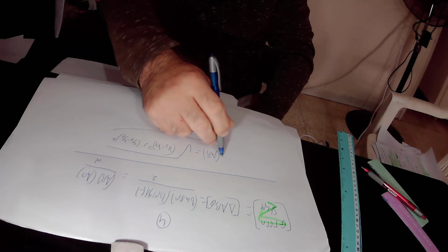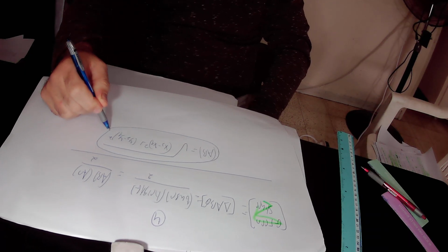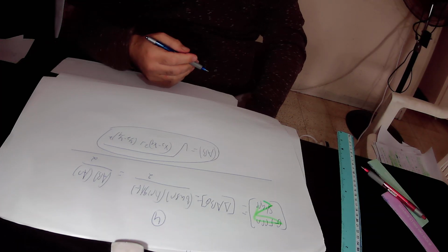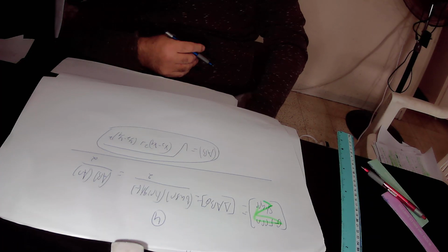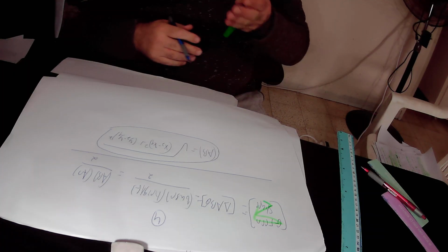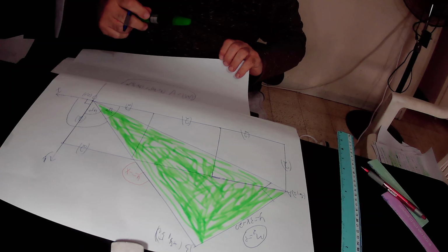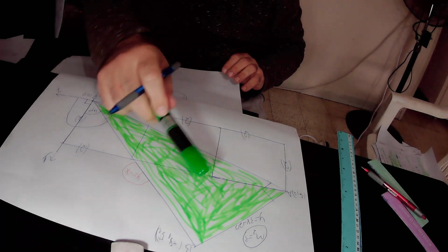Okay, that is the distance between any 2 points. It could be A, could be any point, and B also could be any point. So we use this formula in order to find out the distance between points A and B.